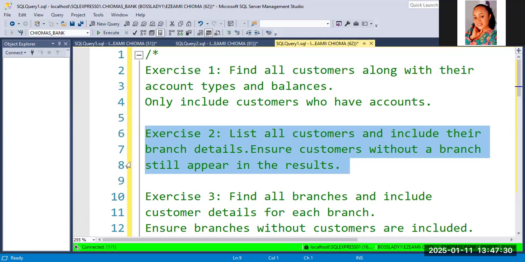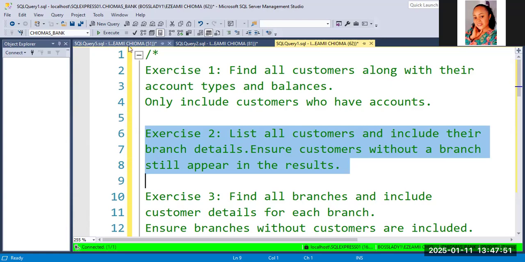So we want all the customers we have and their branch. Even if the customer doesn't have a branch, we also want it to appear. So if you look at the question, it's already a left join, because we want everything from our customers table, right? So this is telling us we're going to use left join.